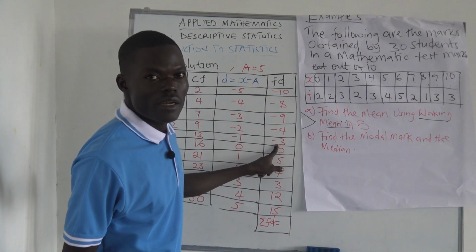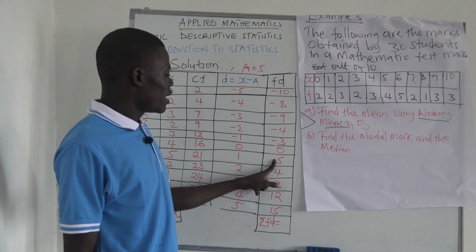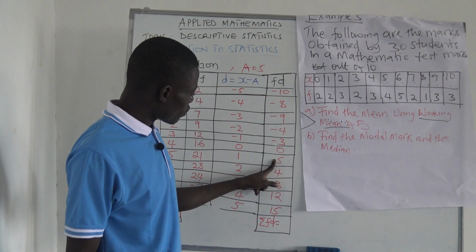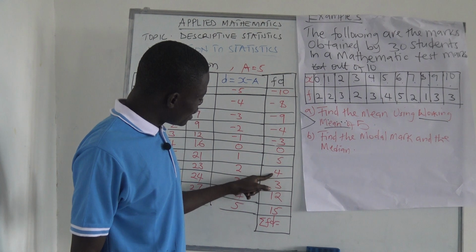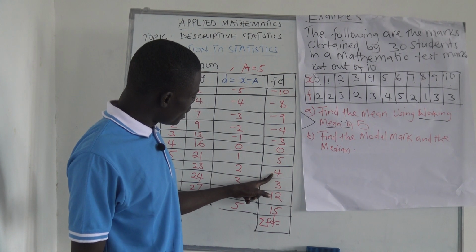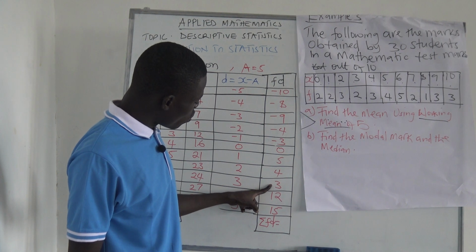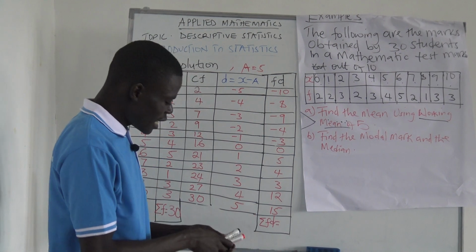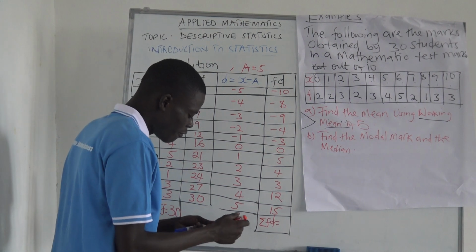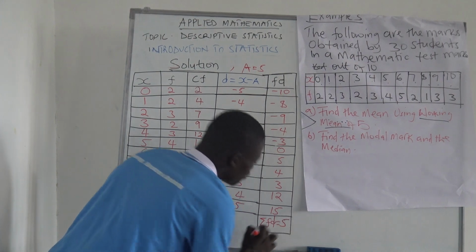Plus negative 3, negative 34. Plus 0, we get negative 34. Plus 5, negative 29. Plus 4, negative 25. Plus 3, negative 22. Plus 12, we get negative 10. Plus 15, we get total as 5. Positive 5 if we add here. Now our summation of FD is positive 5.